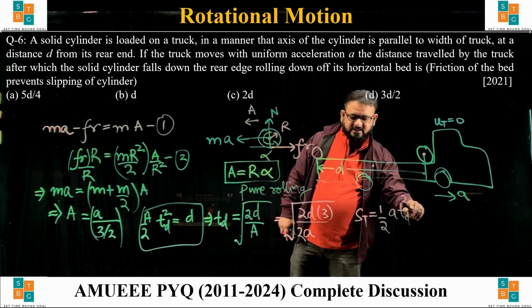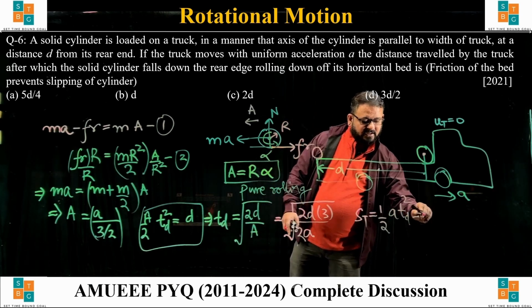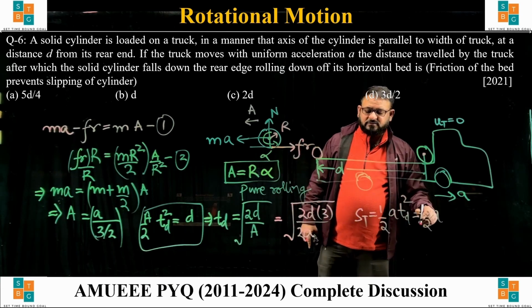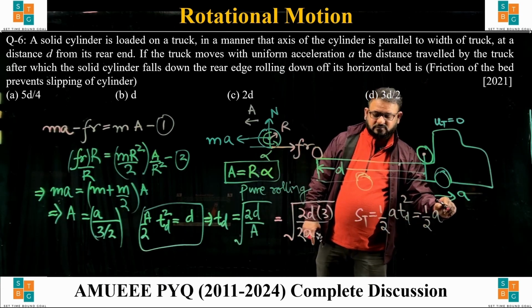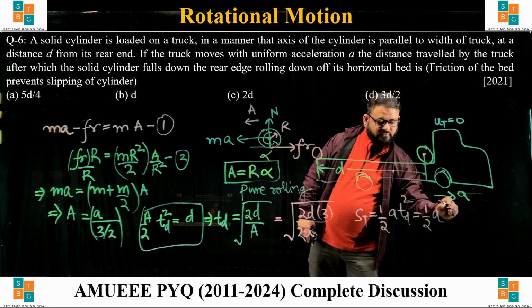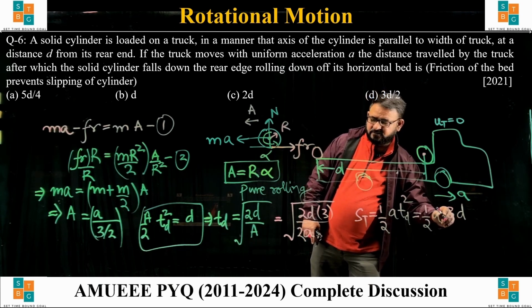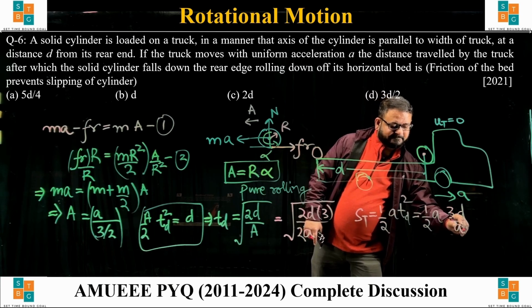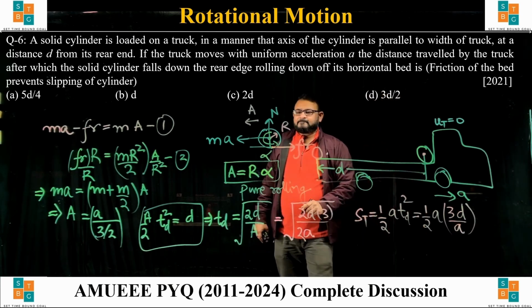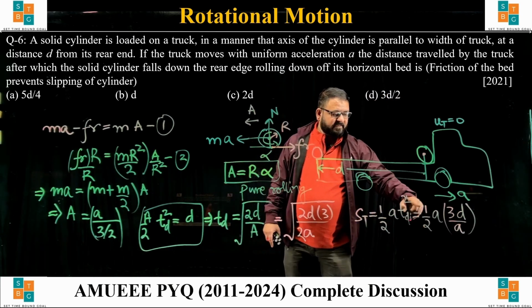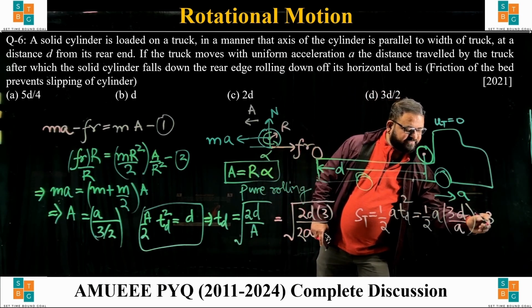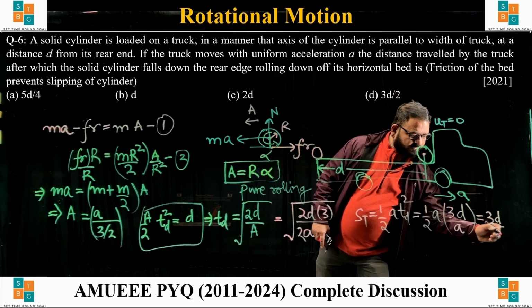Okay, so if we plug in all the values, half a TD ka square, so 3D by A, right? And then this will give us the right answer, 3D by 2.